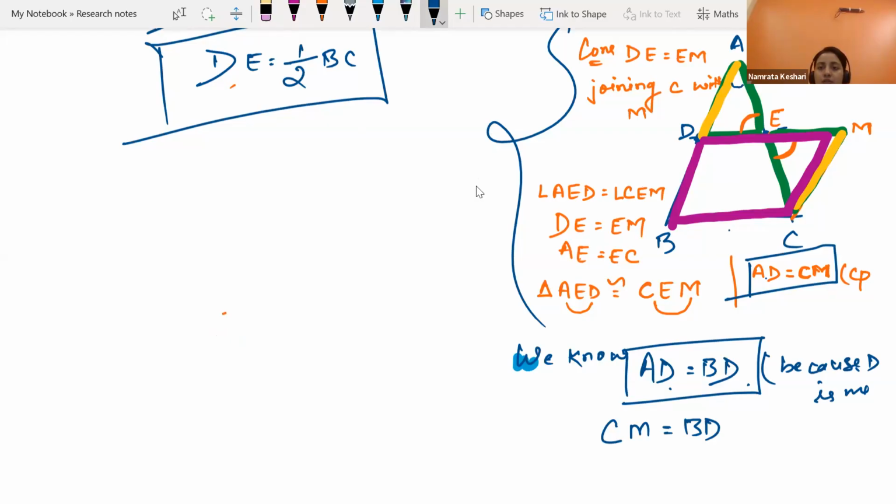Angle A over here is equal to angle C over there.